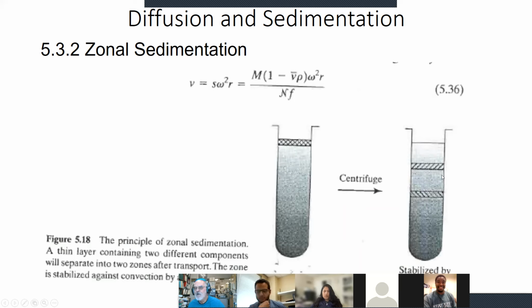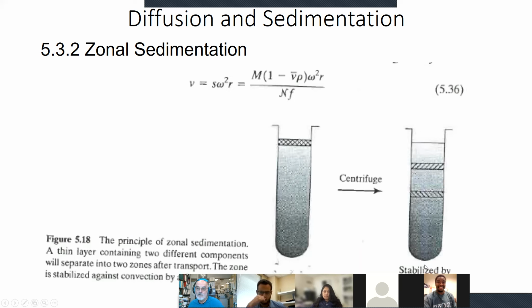These cells are usually plastic. You can usually puncture them, and you can usually draw off material and then capture the various peaks. As you puncture them and you draw off material, you can flow it through a spectrophotometer, and you can get a signal, how much material.